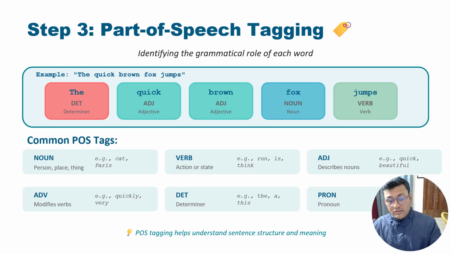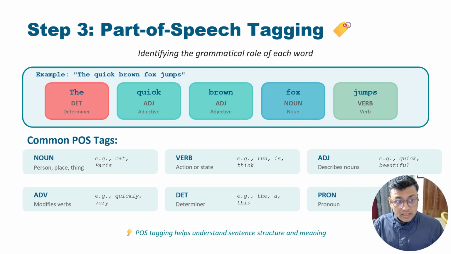Any action you see in the sentence or any state will be covered in the verb. Adjective describes nouns. So this has been purely grammar-based translation at the algorithmic level. So POS tagging helps understand sentence structure and meaning. So that is how NLP basically works.